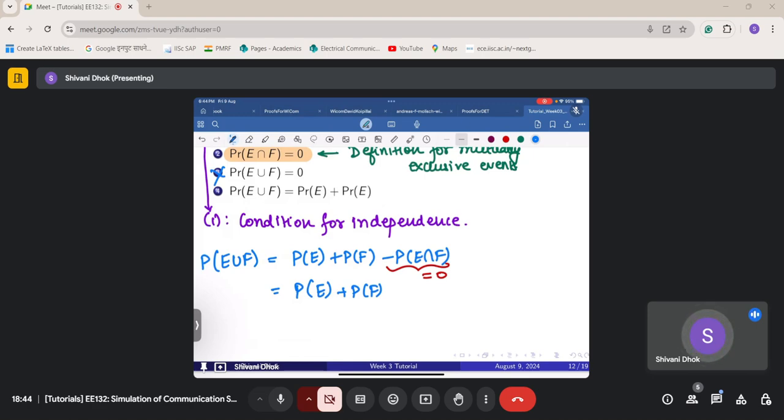However, probability of E union F equal to probability of E plus probability of F is the correct option, and therefore this is also the right option.